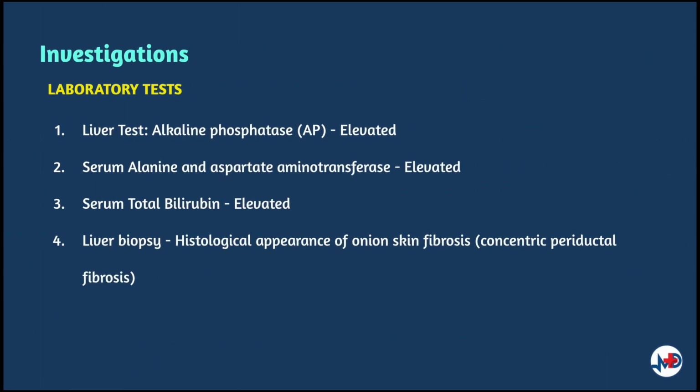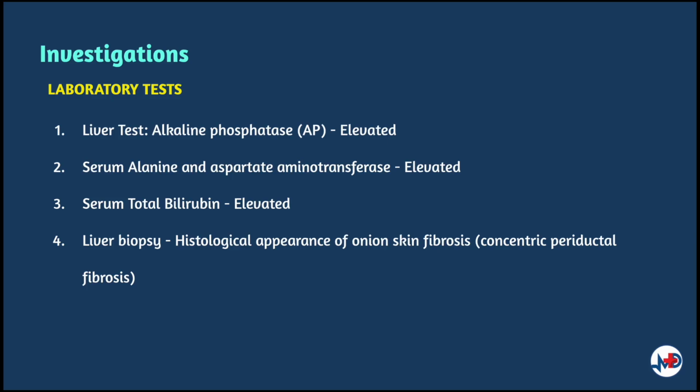Now, when we look at lab investigations, the first step is to screen patients for PSC by doing a blood test. In PSC, liver tests should be evaluated. Specifically, the liver blood test called alkaline phosphatase is often abnormal, though a small percent of patients with PSC may have normal levels. A cholestatic picture of liver function with elevations in serum alkaline phosphatase values are the biochemical hallmarks of PSC.